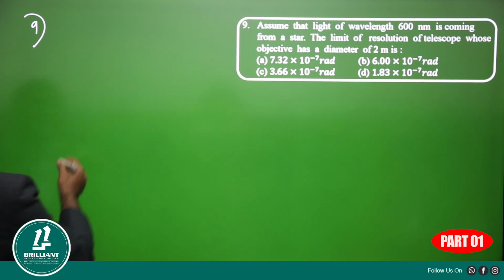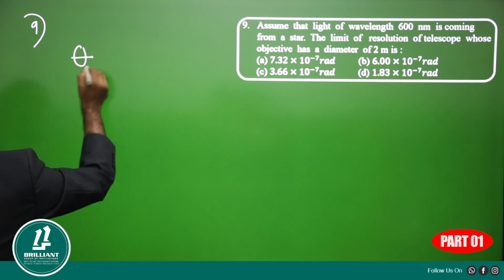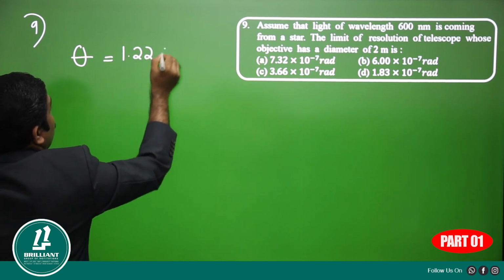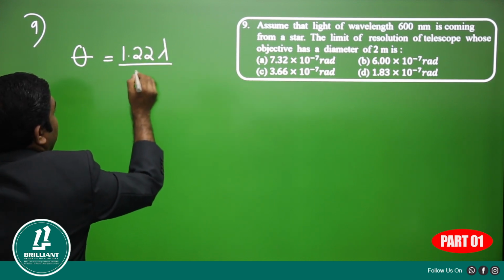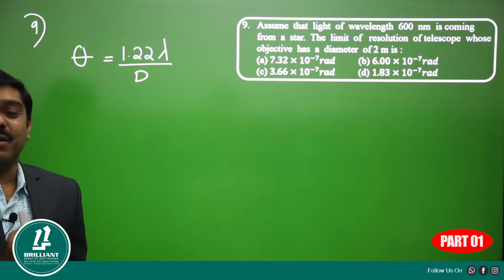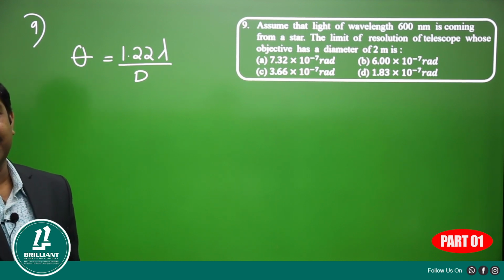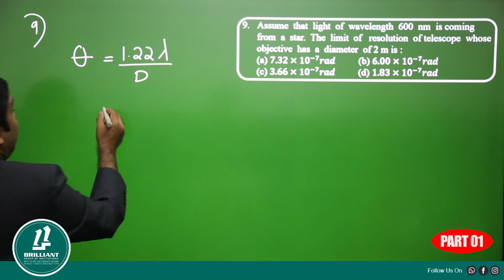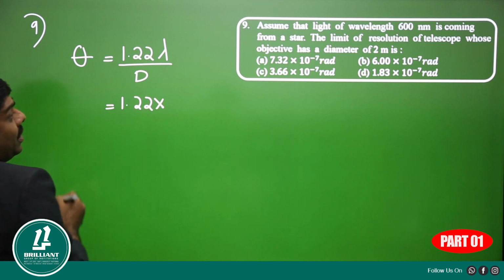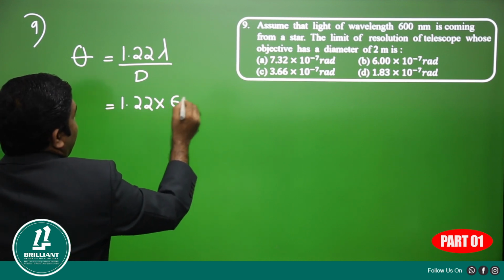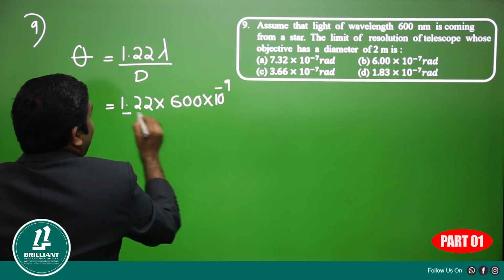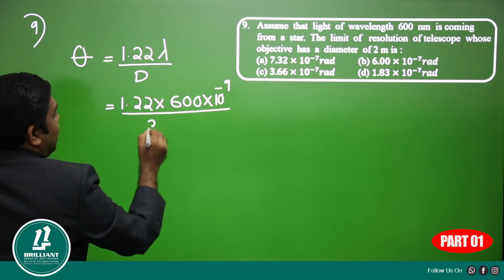The formula I am writing: limit of resolution of a telescope is equal to 1.22 lambda divided by D, where D is the diameter of the objective and lambda is the wavelength. So the data are given here. Therefore we can say 1.22 into lambda, which is 600 nanometer, that is 600 into 10 raised to -9, divided by diameter, which is 2.